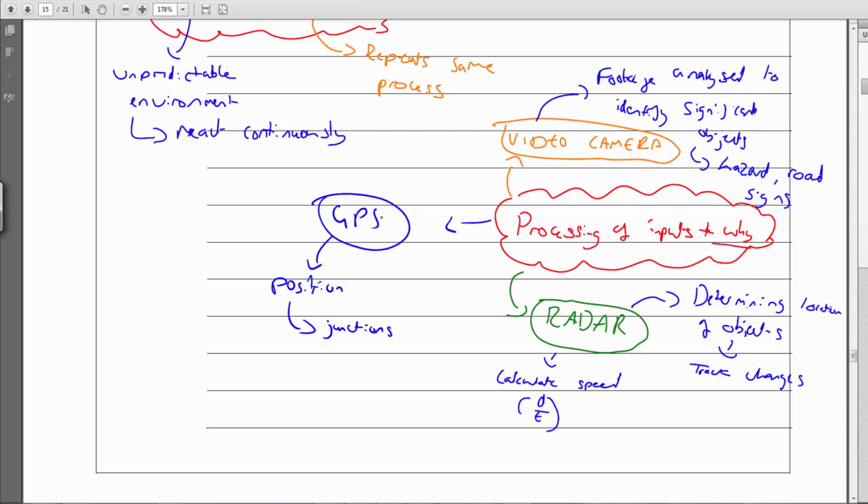GPS will probably also give us an accurate time. I'm pretty sure GPS does that too. So it will be able to use the timing information to work out the speed as well. So this would be speed.